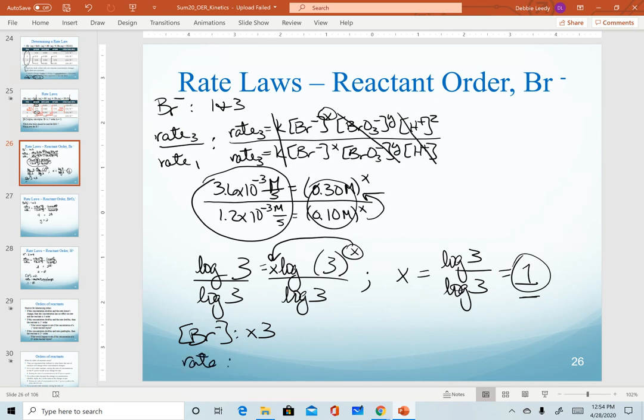The value of our rate also tripled, right, a 1.2 up to a 3.6. When you have the same amount of change in both concentration and rate, this is always going to be a first order reactant. So if they both double, if they both triple, if they're both cut in half, if they both quadruple, that is always going to be first order. So the same amount of change is first order.